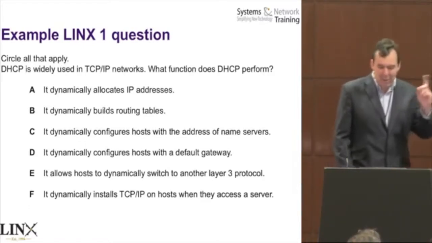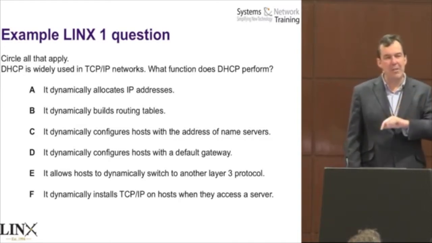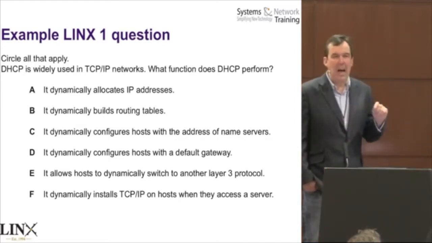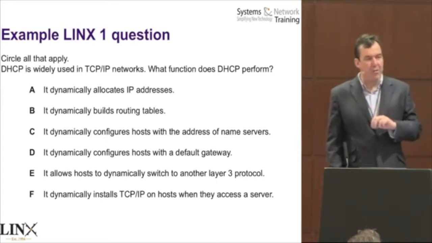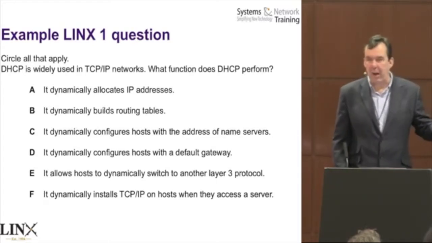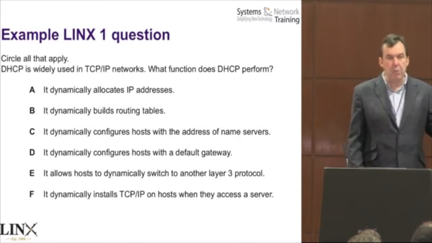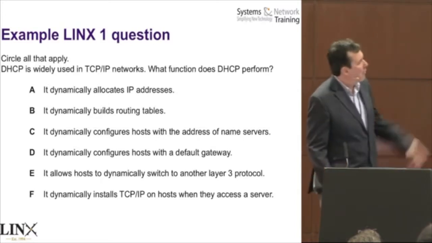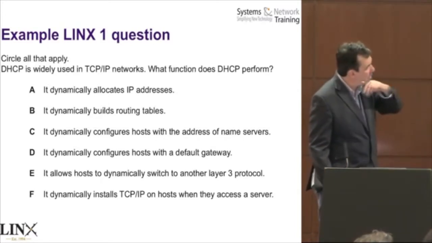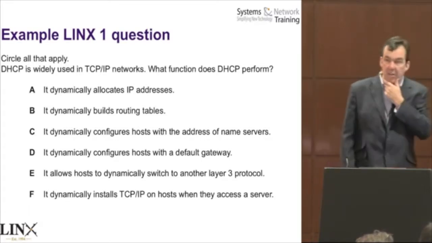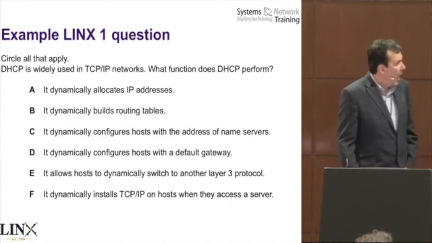Now, implementations are interesting. I've got some example LINX 3 questions which are implementation specific. Although we teach the RFCs, there's no getting away from it, you've also got implementations. However, ACD is the correct answer. I've never seen DHCP build a routing table.